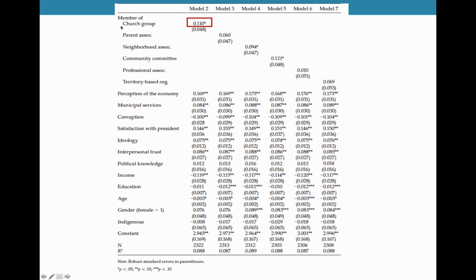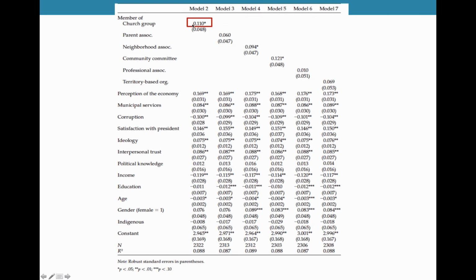And just thinking again about what our regression coefficient tells us, this is the impact of being a member of a church group on your support for democratic institutions. And so we see that it has an impact here. And that, remember, the three things we look at with regression are size, sign, and significance. So here we're able to look at size and sign.